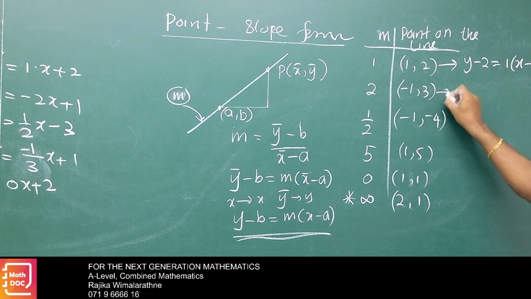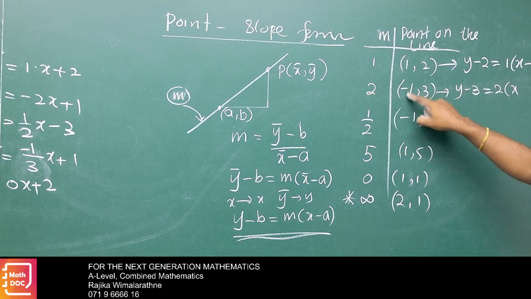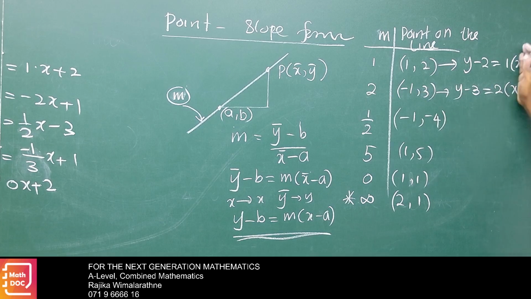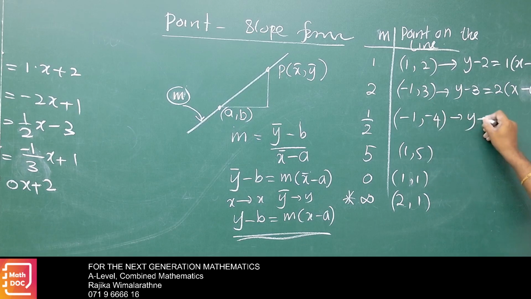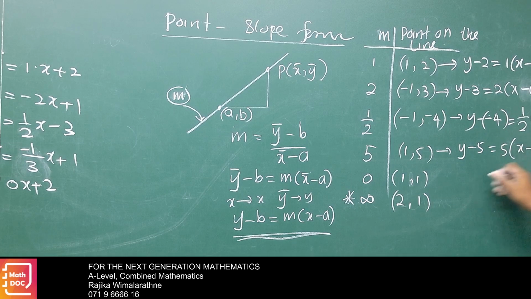Then y minus 3 equals 2 times (x minus minus 1), we get x plus 1. Then y minus minus 4 equals half times (x minus minus 1). Here y minus 5 equals 5 times (x minus 1). Here y minus 1 equals 0 times (x minus 1). Here y minus 1 equals infinity times (x minus 2).